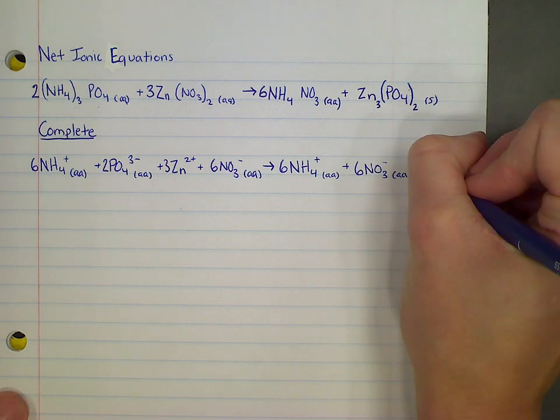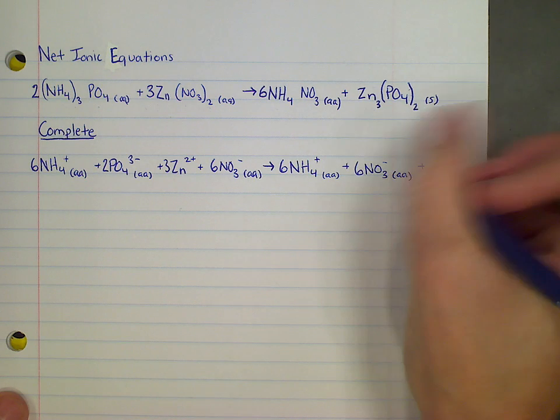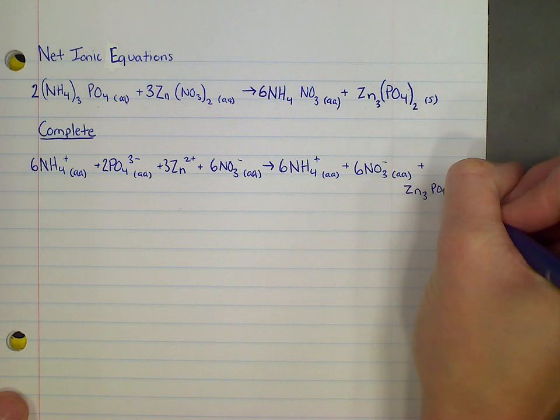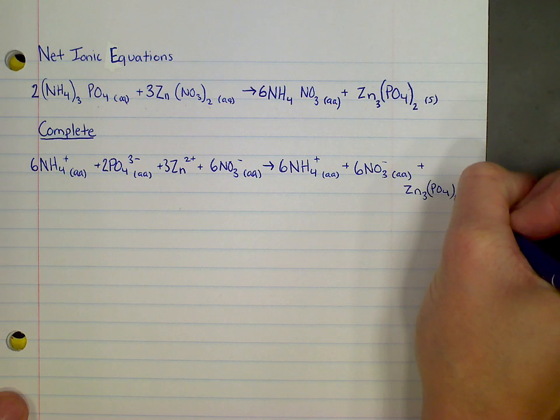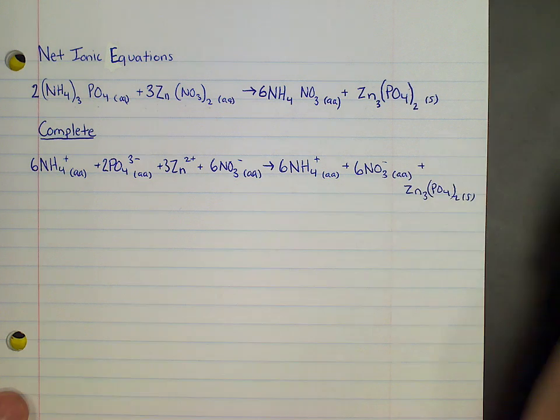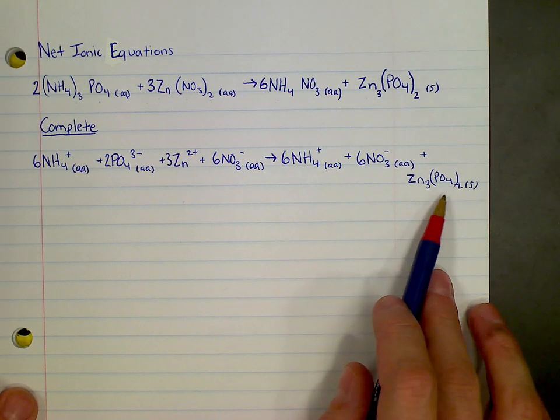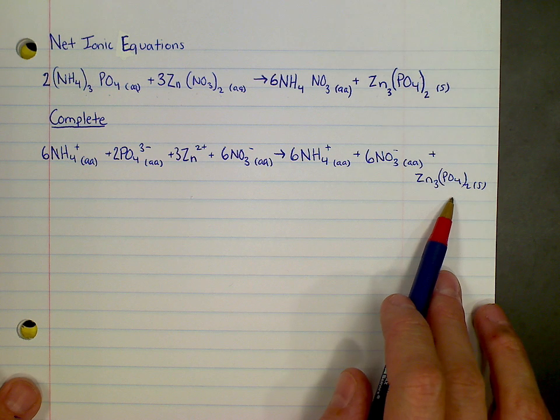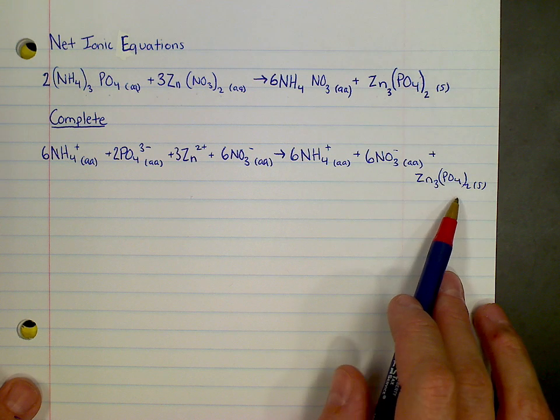Okay, and I don't think my solid's going to fit, so I'm going to write it underneath, Zn3(PO4)2 solid. Okay. And notice I didn't break the solid up because the solid, when it actually reacts, stays as a solid. It doesn't actually break up into ions. So we don't need to break it up into ions in the complete ionic equation.